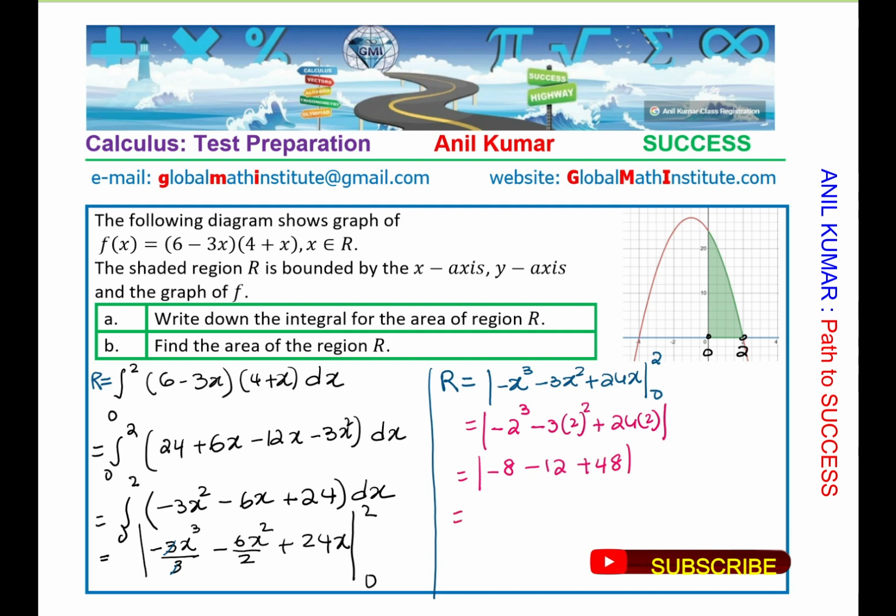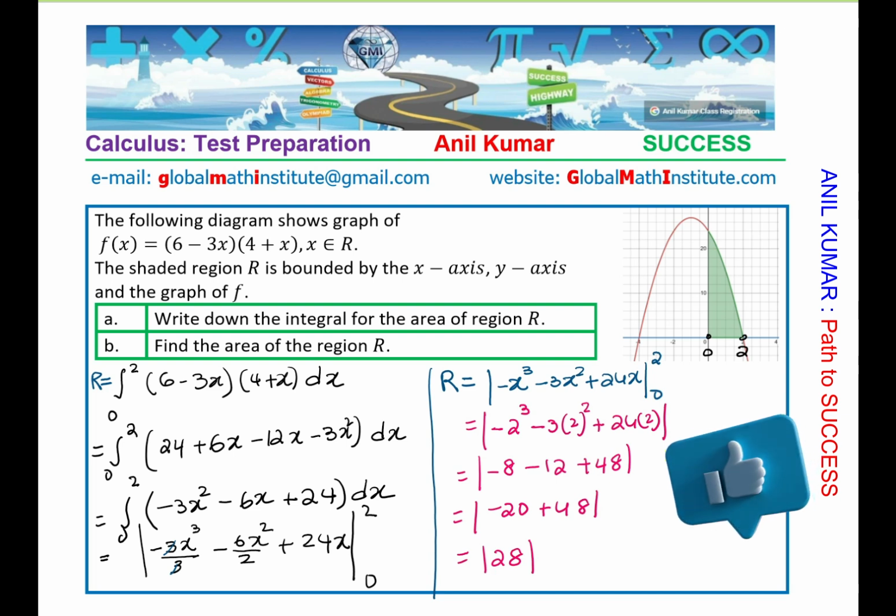And that gives you, we can take away 20 from 48, and that gives you 28. So the area is 28 units squared, correct? So that is how we'll find the area of the shaded region in this particular case.